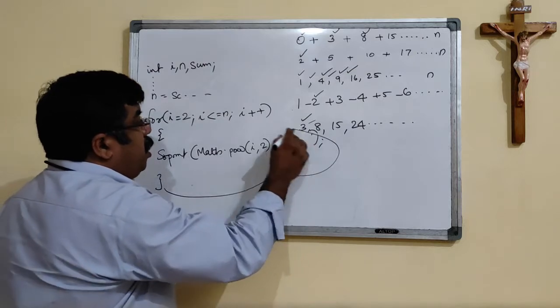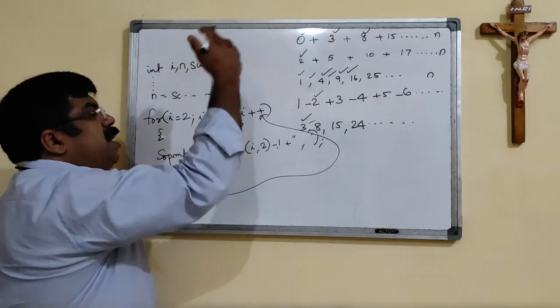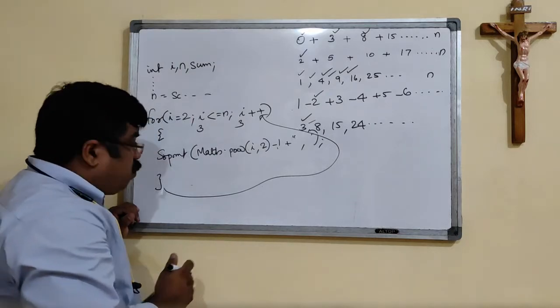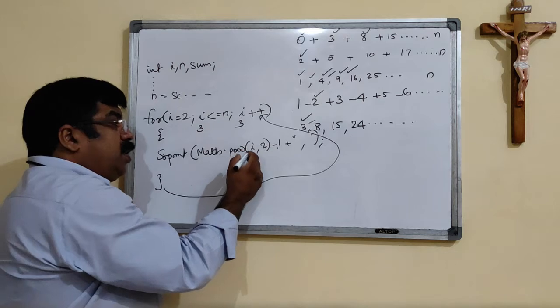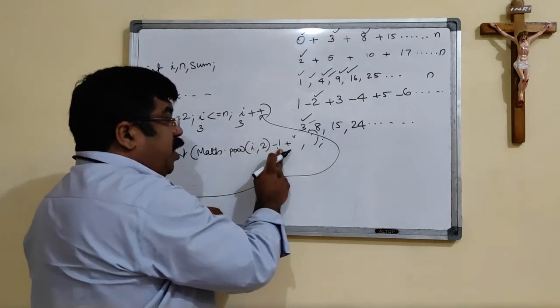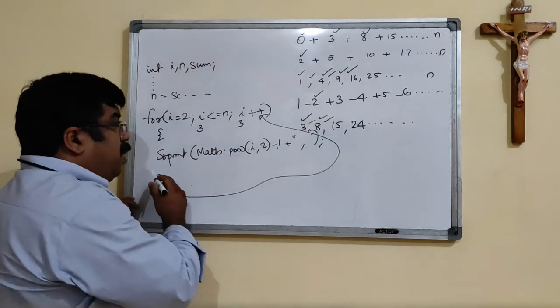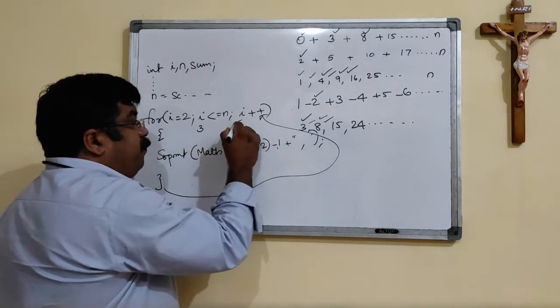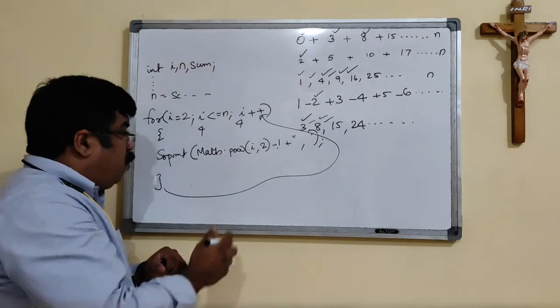Then the I is incremented, I became 3, 3 less than the last term condition is true, SO print Math pow of 3 square, that is 9, 9 minus 1 is 8 with the comma. Again I became 4, 4 less than the n, the last term condition is true.